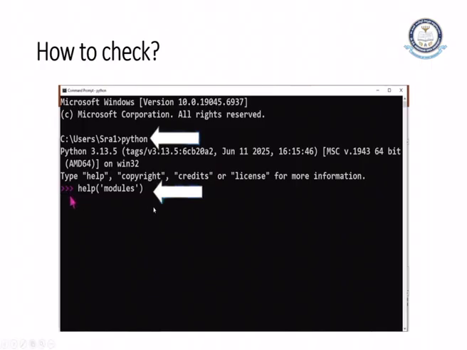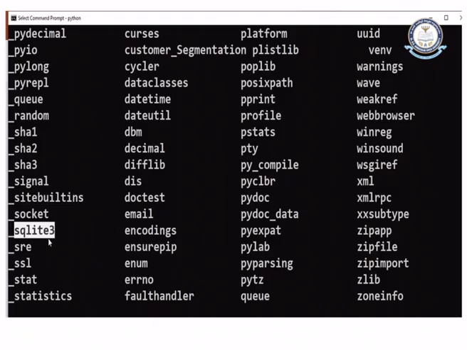After identifying this Python command prompt, just type help in lowercase letters, with modules within parentheses inside single or double quotes. If you type this code and press enter, it shows all the modules available in your system, and I highlighted here, observe here, sqlite3.